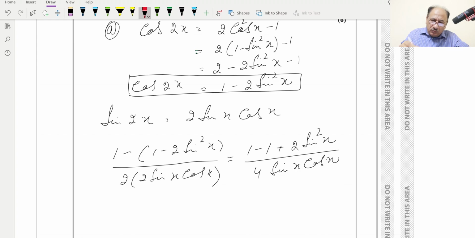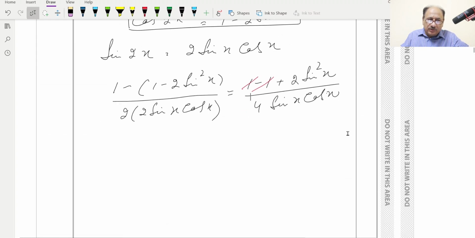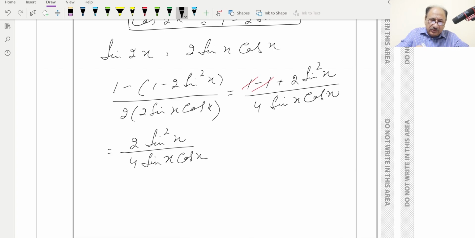Now minus 1 and plus 1 will be cancelled, and the remaining part we can write over here: 2 sine square x over 4 sine x cos x. Now further cancellations: we can cancel this 2 with 4, so it will be 2, and this sine x we can cancel with the square, and this will be equal to 1 over 2 tan x.